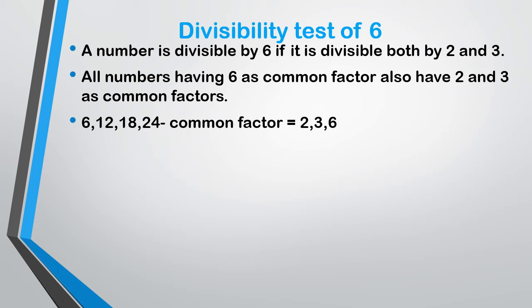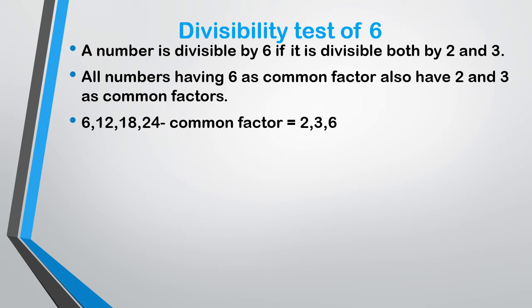When we write factors for all the numbers, we can find the common factors as 2, 3 and 6. Factors are numbers that are multiplied together to get another number. And common factors are factors that are common to 2 or more numbers.